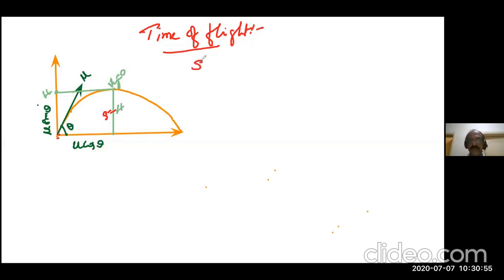Then we can use the formula S is equal to ut plus half gt squared. Here, during the time of flight, vertical displacement sy is equal to 0. U is u sine theta, initial velocity. T is capital T, time of flight.